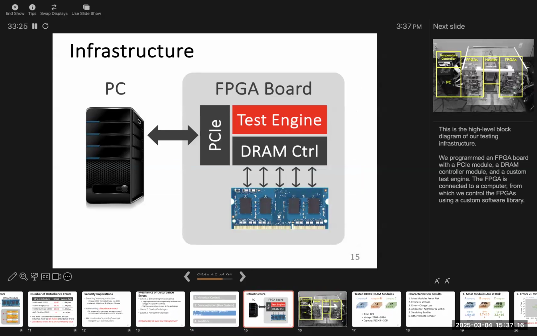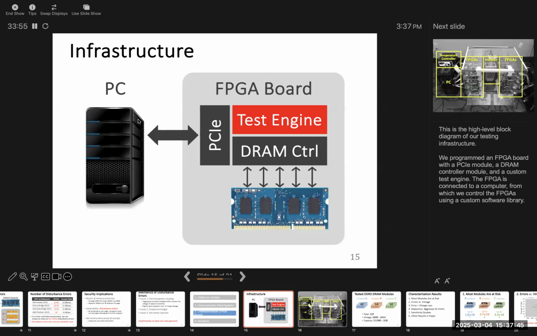The test engine is basically that small core program, but they want to run it millions of times, and on multiple DRAM chips. If they want to modify it, that's why they are deploying it on the FPGA board, so that they can modify the test engine easily.